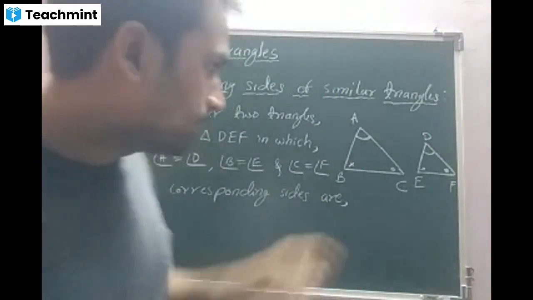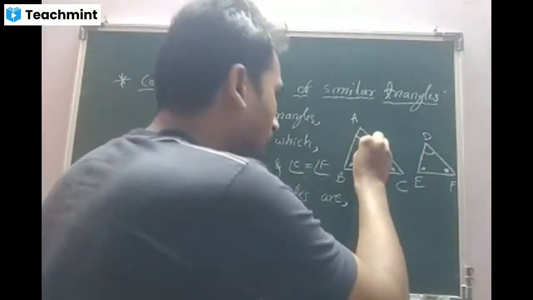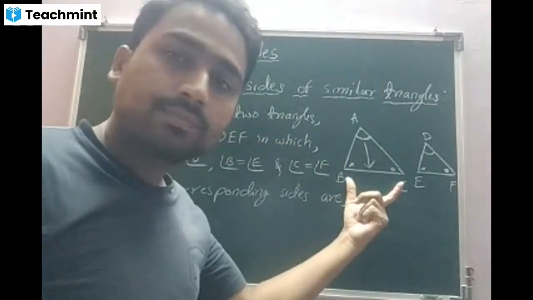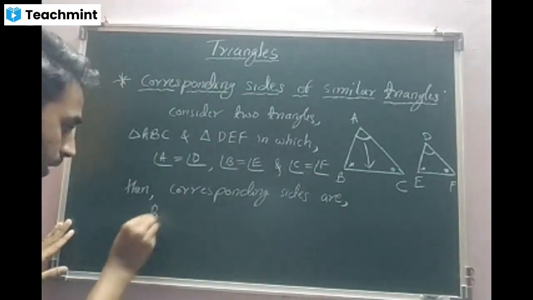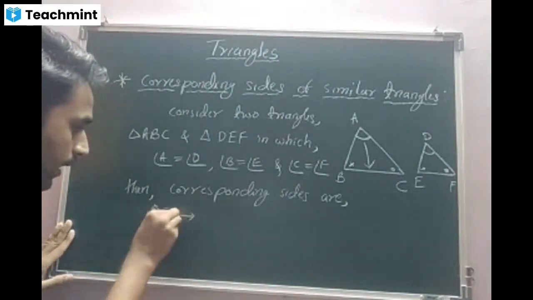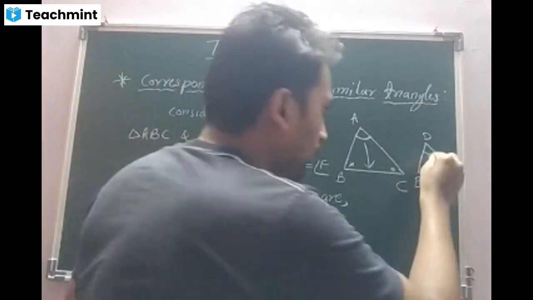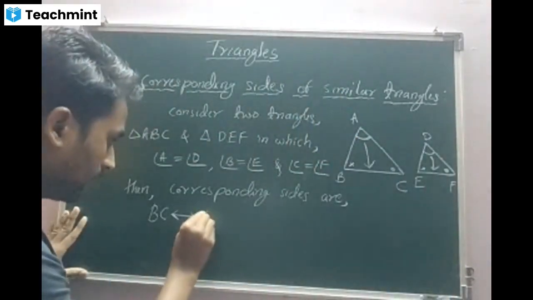Now the procedure, beta. Look at the concept. A equal to D. What is the opposite side to A? BC. So BC should correspond to A equal to D. What is the opposite side of D? EF.